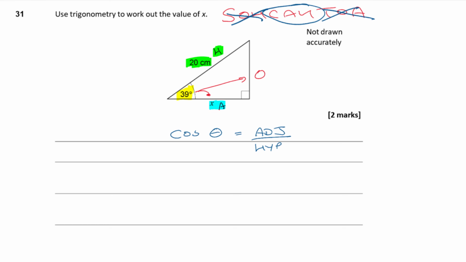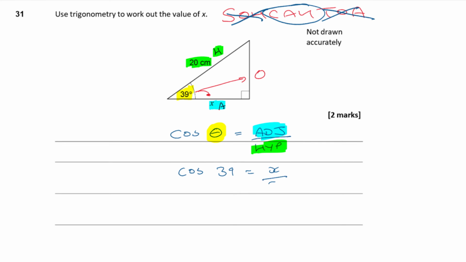Okay, so now we've worked out which ratio we need to use. It's just a matter of plugging the numbers from the diagram into that equation. Okay, so theta is the angle, so that is my 39. So cos 39 is equal to adjacent. That's the thing that I'm trying to find. That's my x value. And then the hypotenuse, that's the long side of my triangle.